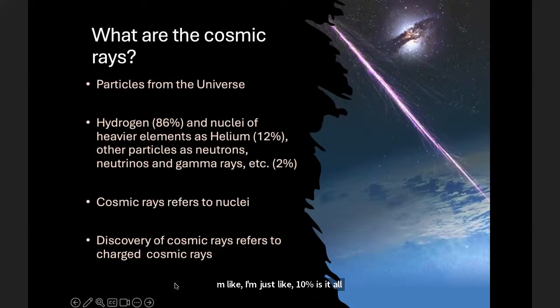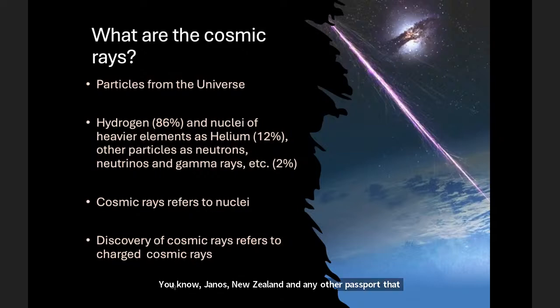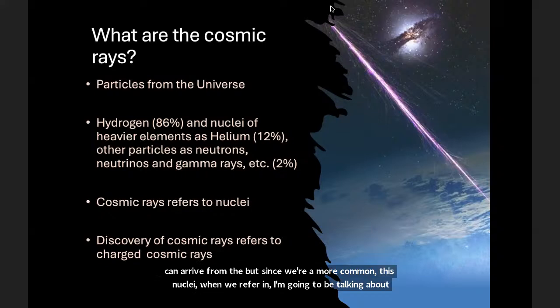But when we talk about cosmic rays, we also talk about other particles like gamma rays, neutrinos, neutrons, and any other particle that can arrive from the universe. But since the more common ones are these nuclei, when I refer in this talk to cosmic rays, I'm going to be talking about nuclei that have a charge, the nuclei of the elements.